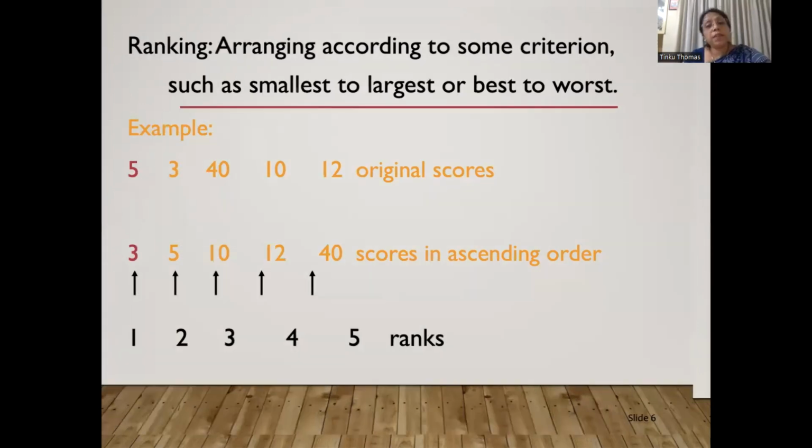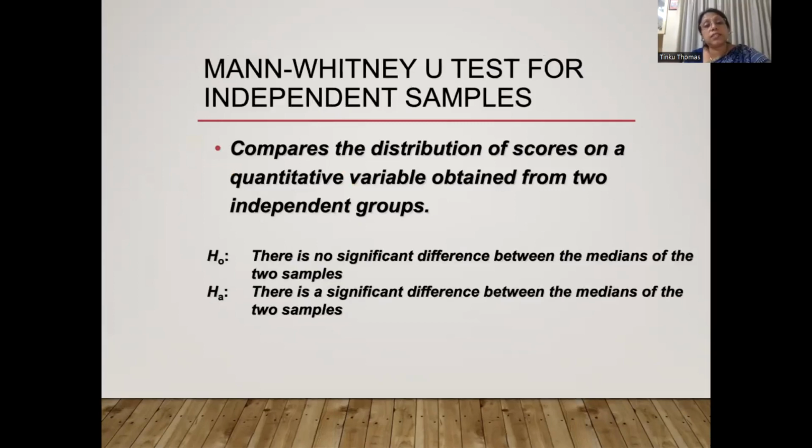So the Mann-Whitney U-test. You can ask the same kind of questions as you are asking in parametric tests using non-parametric tests also. For example, if you want to compare something between 2 independent groups, you can do a non-parametric test, just like how you used an independent sample t-test. So let us say we are looking at some score and you want to compare the score between 2 groups.